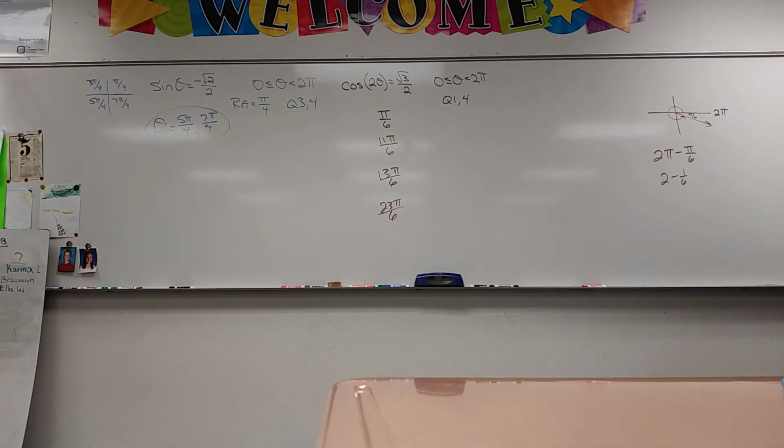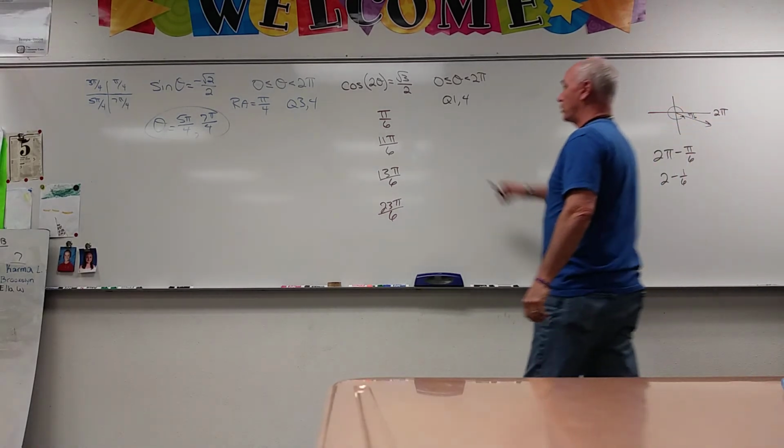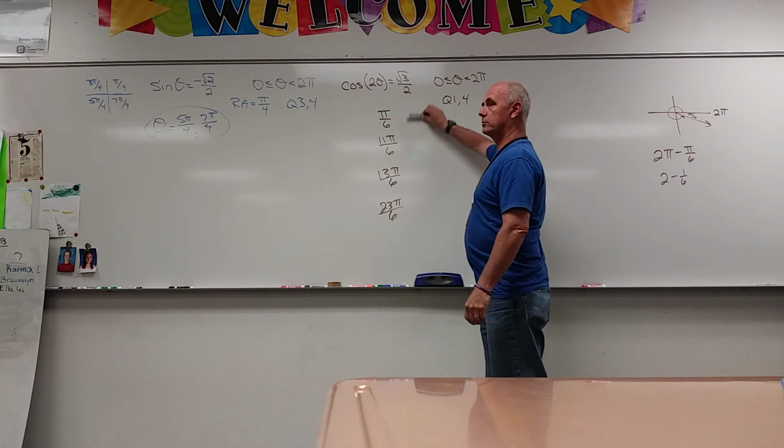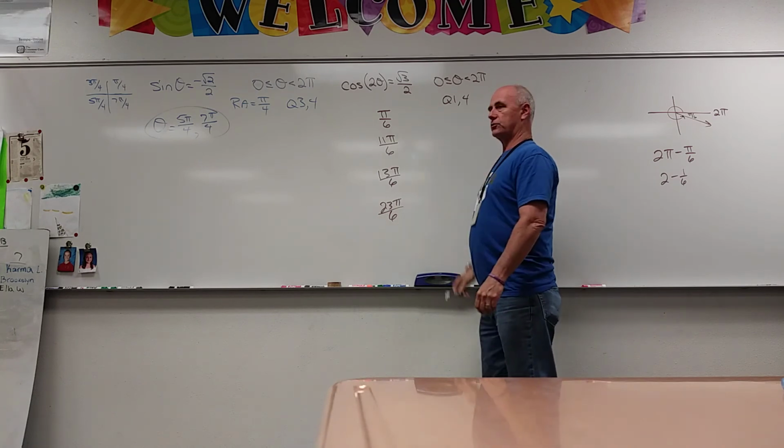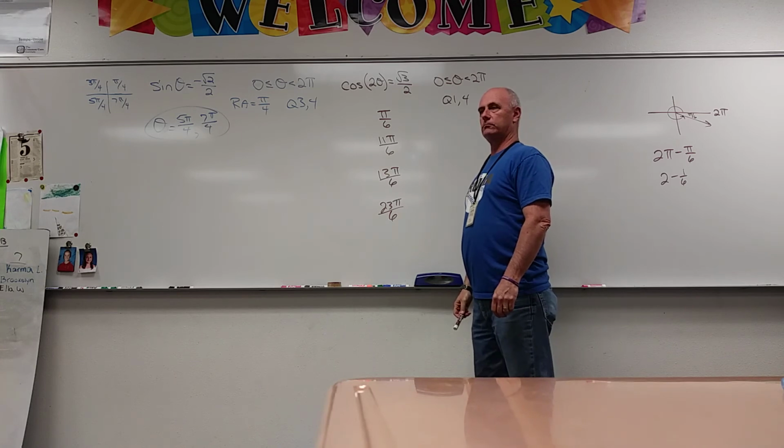And that is part number 1 of dealing with the 2 in front of the theta. The 2 says we have to go around twice, so once we have these 2 angles, we just add 2 pi to each of the angles, and it gives us 2 more angles, and now we have 4 angles.